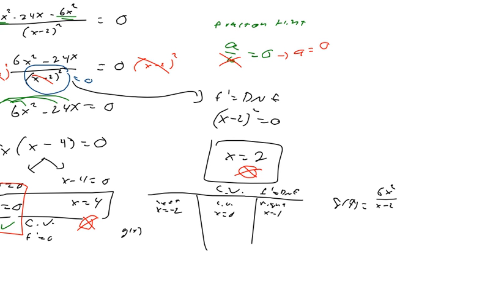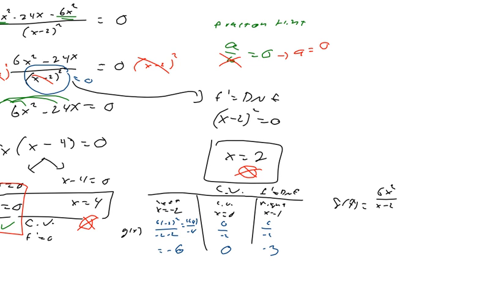4. 6 times -2 squared over -2 minus 2, that's going to be 6 times 4 over -4, that's going to be -6. For 0, I've got 0 over -2, which is 0. And for 1, I've got 6 over -2, which is -3.